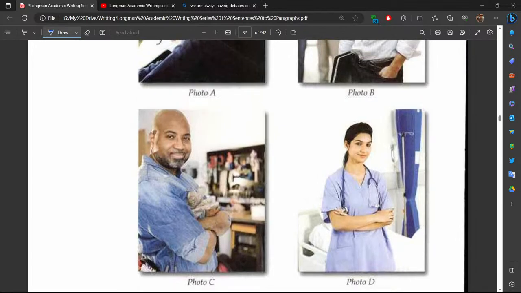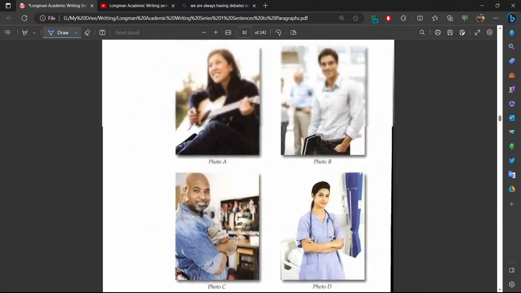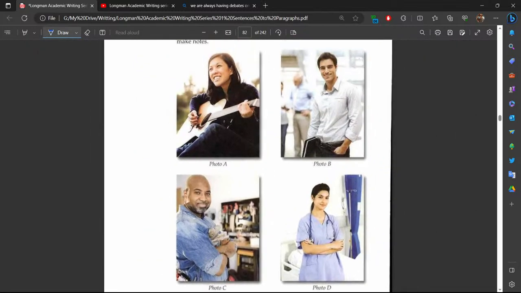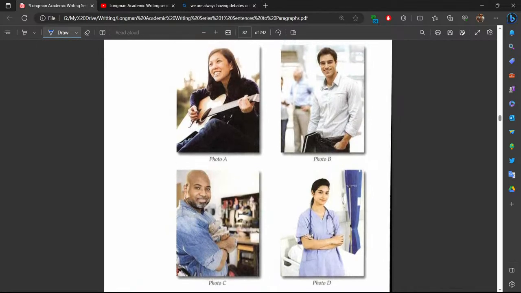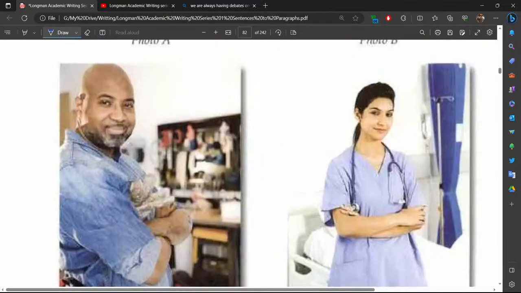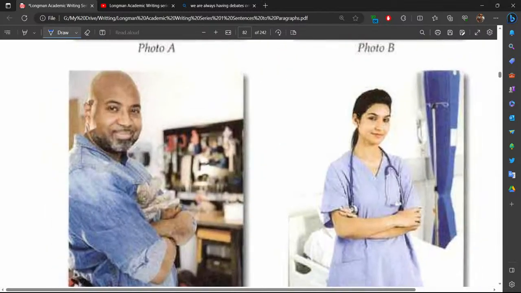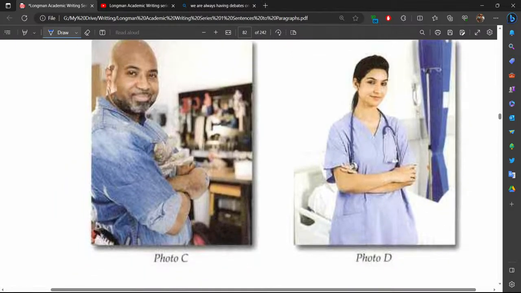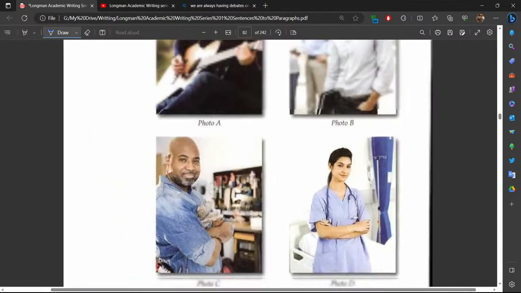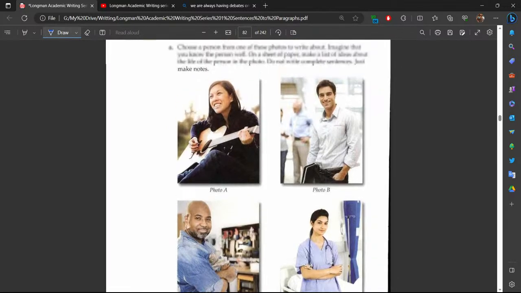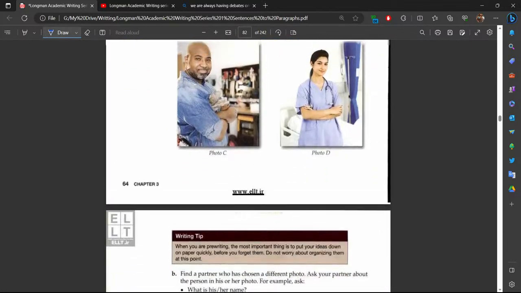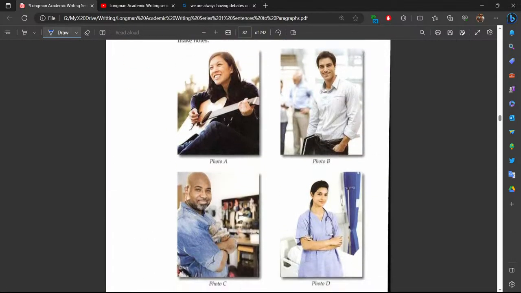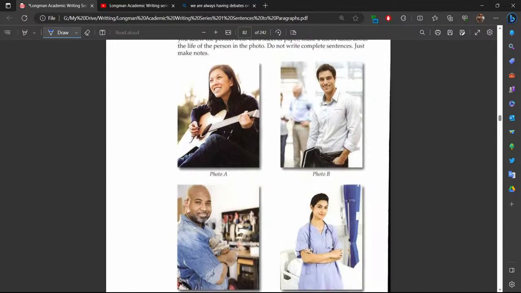Okay, so here are these photos, the 4 photos: photo A, photo B, photo C, photo D. Who would you like to write about?